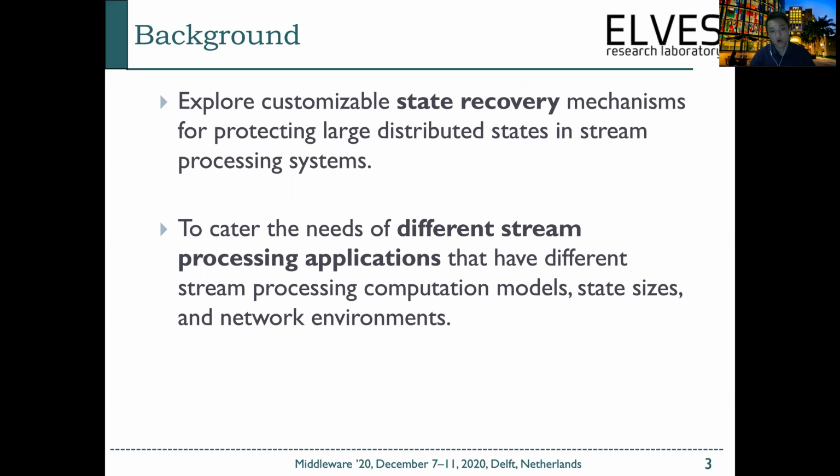So exploring customizable state recovery mechanisms for protecting large distributed states in the stream processing system is one of the main targets of this research paper, catering to the needs of different stream processing applications that have different computation modes, state sizes, and network environments.